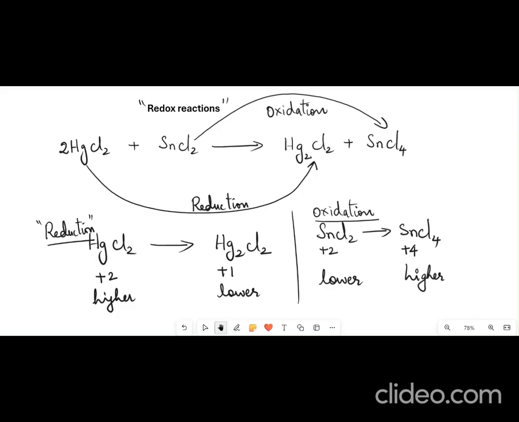If such reactions happen simultaneously in a single reaction, then we call them redox reactions. We see a lot of redox reactions in the metallurgical industry, in biological processes and in day-to-day life.